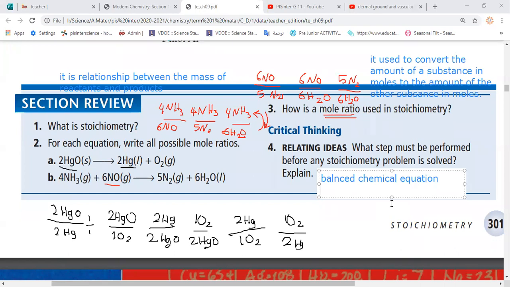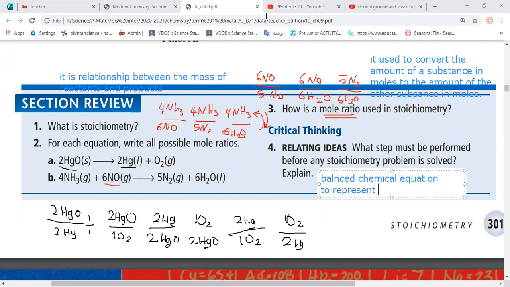So why must the chemical equation be balanced, or why must we start by a balanced chemical equation, to represent what? Hassan Gouda, could you answer this question? It won't be a chemical reaction. Chemical reaction won't happen. No, what happened?